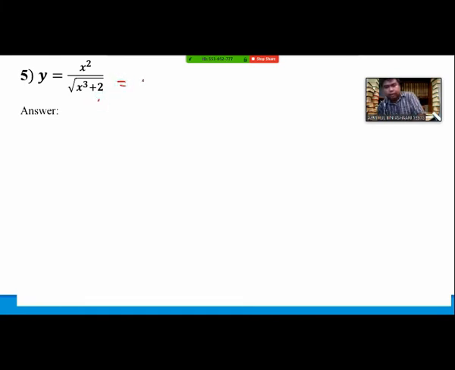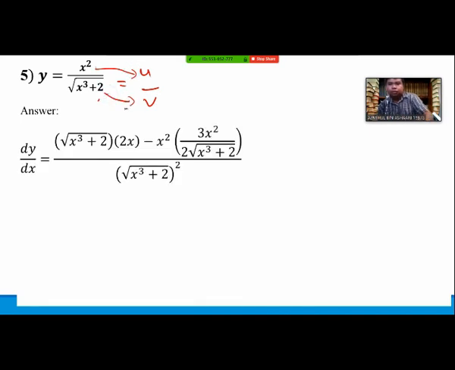You know that this is u and v, which is x power of 2 is u and this one is v. So you substitute into the formula, which is dy per dx is equal to v u prime minus u v prime divided by v squared.